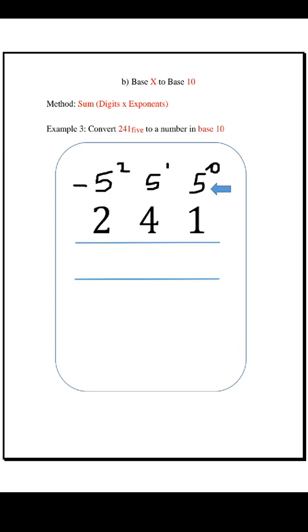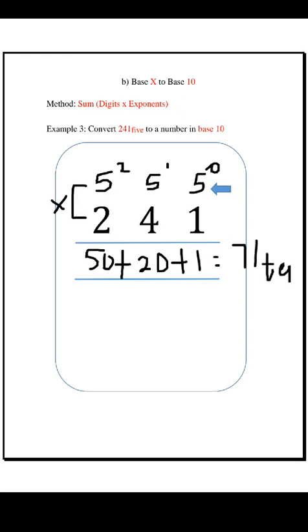Then I can multiply and sum them up. 5 raised to power 2 is 25. 25 times 2 is 50. Plus 5 raised to power 1 is 5; 5 times 4 is 20. Plus 5 raised to power 0 is 1; 1 times 1 is 1. So our answer is 71 in base 10. That is using the exponent method.